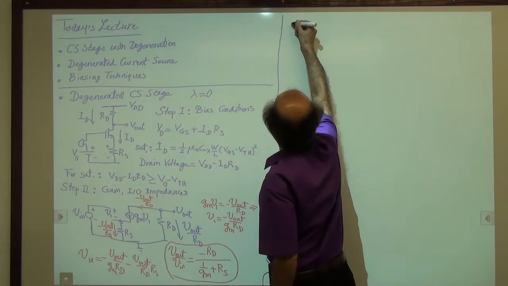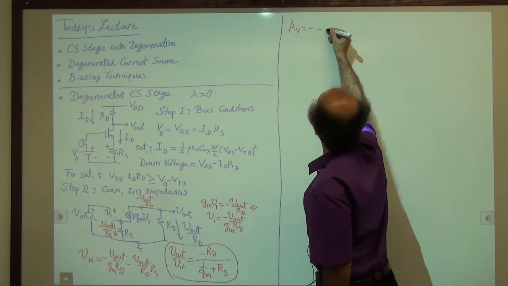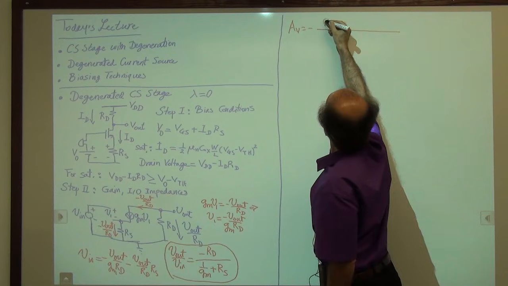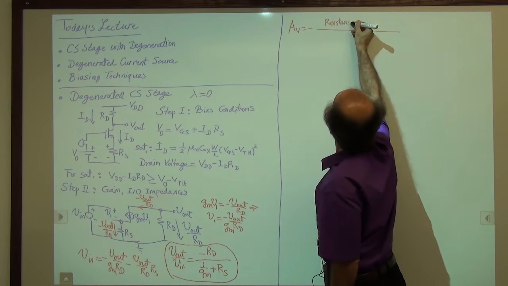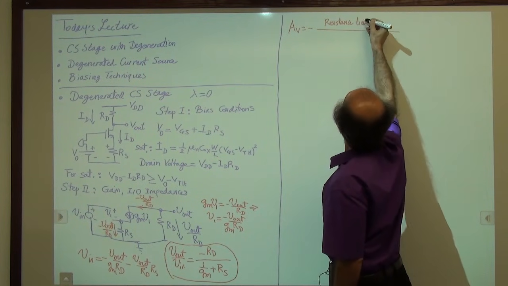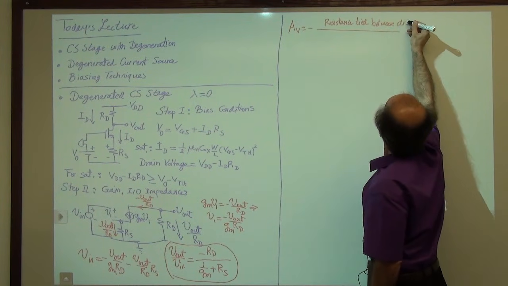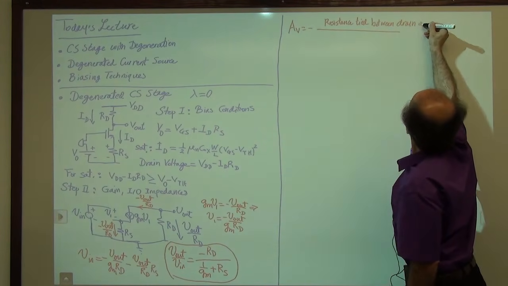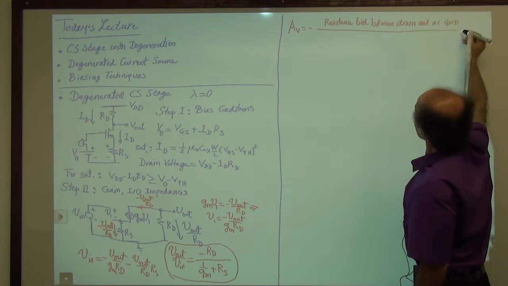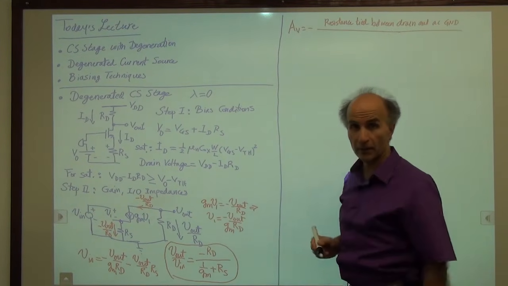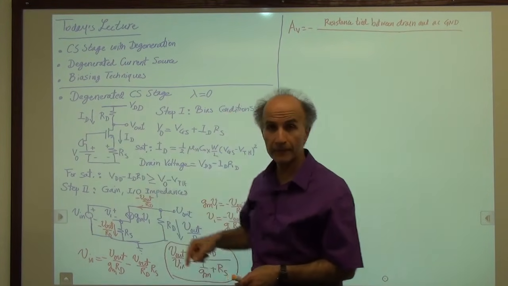We say AV is equal to minus the resistance tied between drain and AC ground. That's what this is, RD, the resistance that is tied between the drain and AC ground, this one.